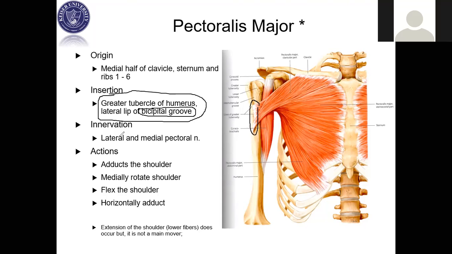You will need to know all of the actions of the pec major. And it has multiple actions. What I want you to do first is picture the humerus here. Now, if we abduct, if we bring the humerus out to the side in this direction, we would actually be stretching the pec major.